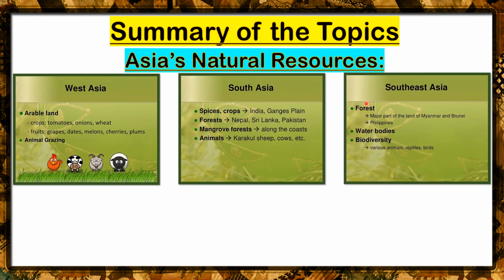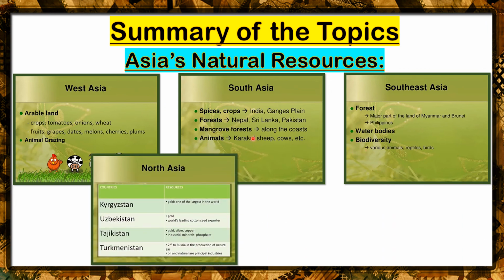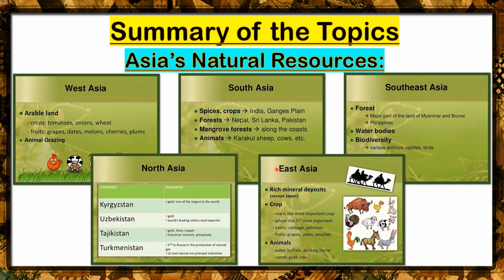In Southeast Asia, we have different kinds of forest, water bodies, and biodiversity because it has various animals, reptiles, and birds. In North Asia, we have gold, silver, and copper. And in East Asia, we are rich in mineral deposits, crops, and of course, different animals as well.